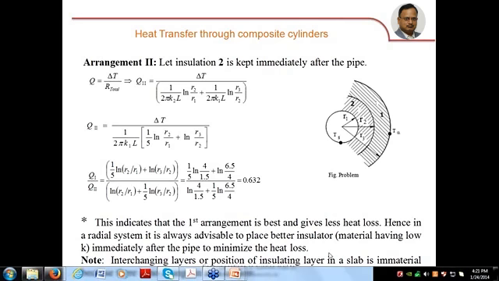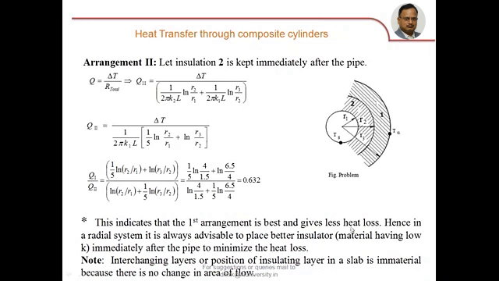So the first arrangement is the best arrangement and gives less heat loss. Therefore, in a radial system, it is always advisable to place a better insulating material having lower thermal conductivity immediately after the pipe to minimize the heat loss.